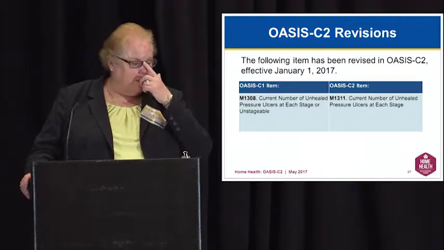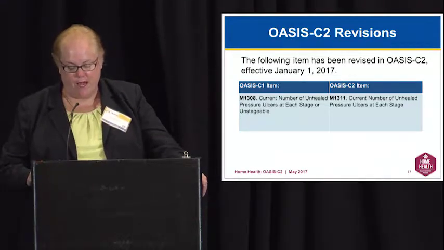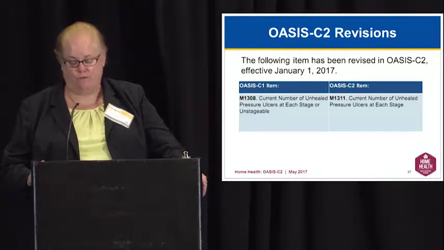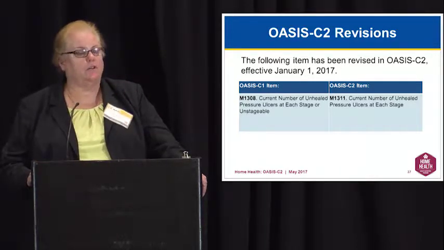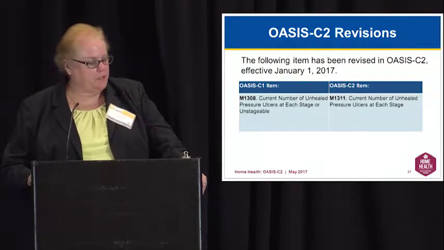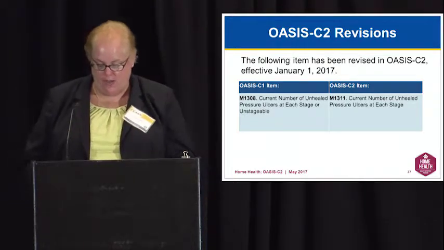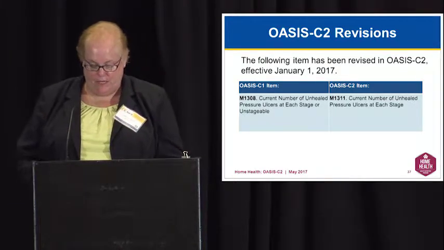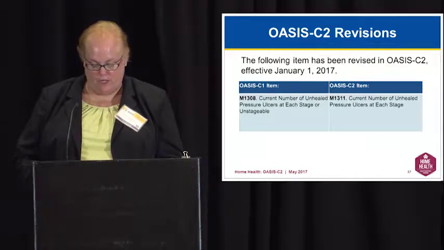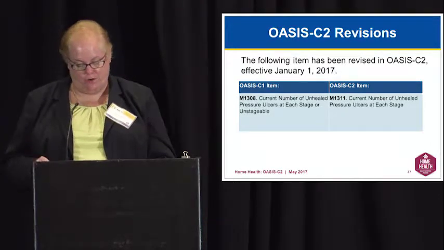So let's look at the C2 revisions. The following items have been revised in the OASIS C2 effective January 1st, 2017. So they've been in place for a few months. The C1 item was coded at M1308, and now the number is M1311. You'll notice that the item tag has changed a little bit.